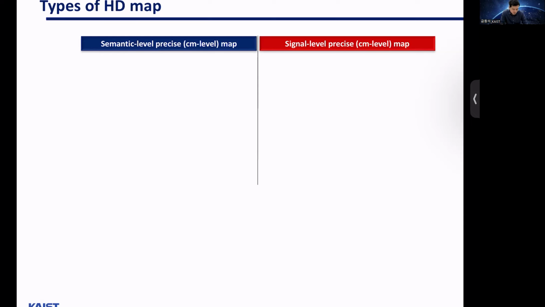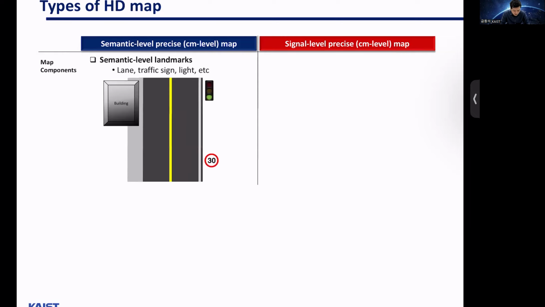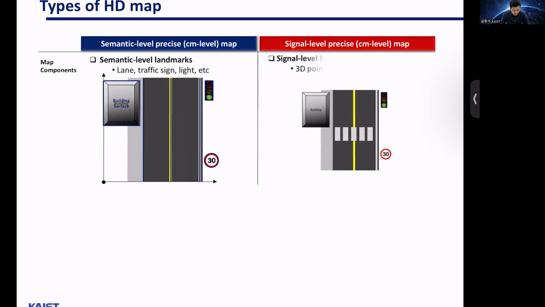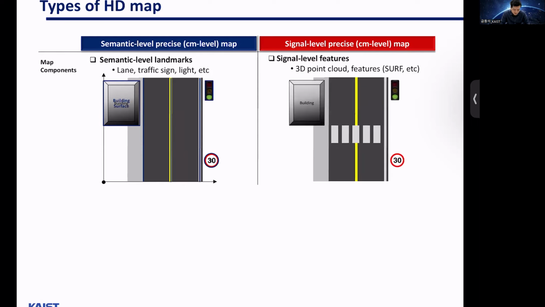And let's talk about types of HD map. There are two types of HD map: semantic level precise map and signal level precise map. The semantic level HD map, as the name implies, is built with semantic information, whereas the signal level HD map is built based on signal information.